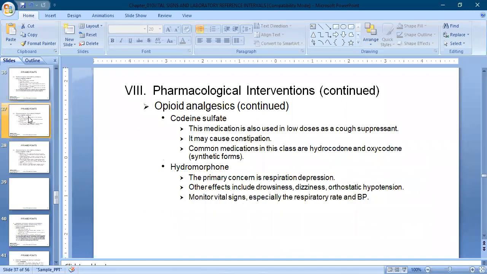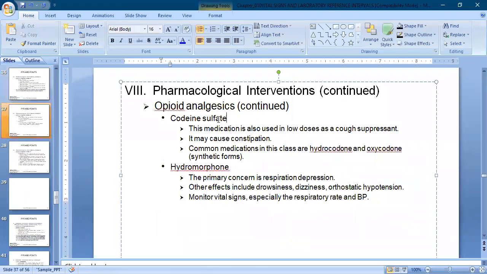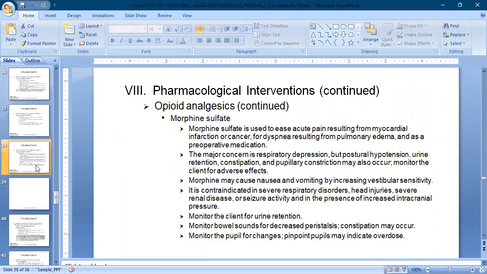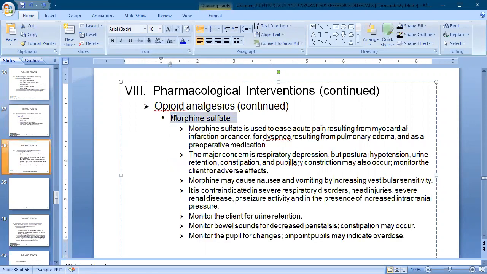And here we go, opioids like codeine, right, or hydromorphone. Sometimes we use morphine or hydromorphone or meperidine, right? Morphine, this is the opioid we use.